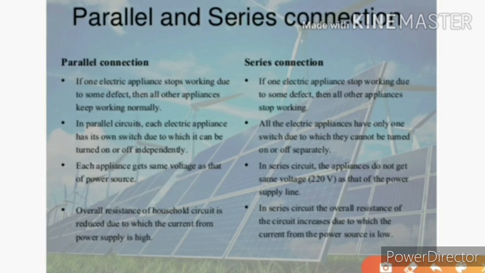In a series combination, the overall resistance of the circuit increases, due to which the current from the power source is low, because the resistance value increases in case of series connection. So these are the prominent differences between parallel connection and series connection.